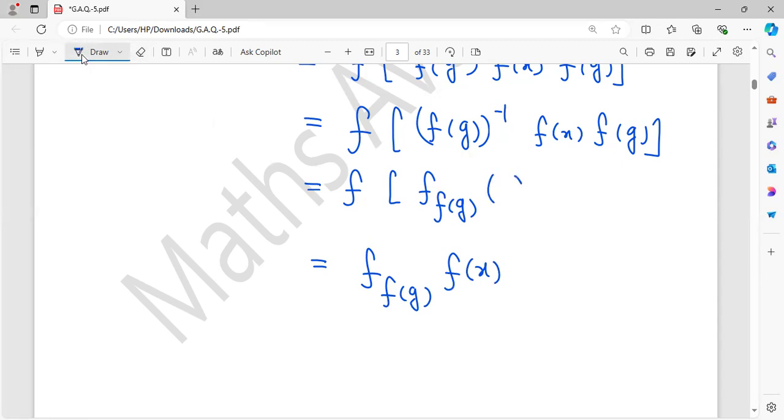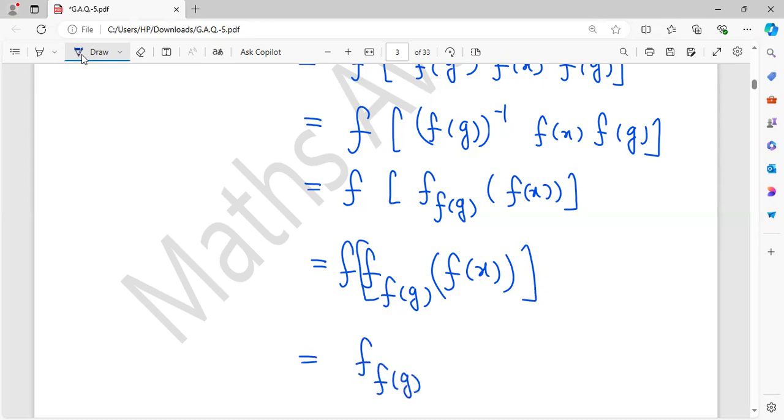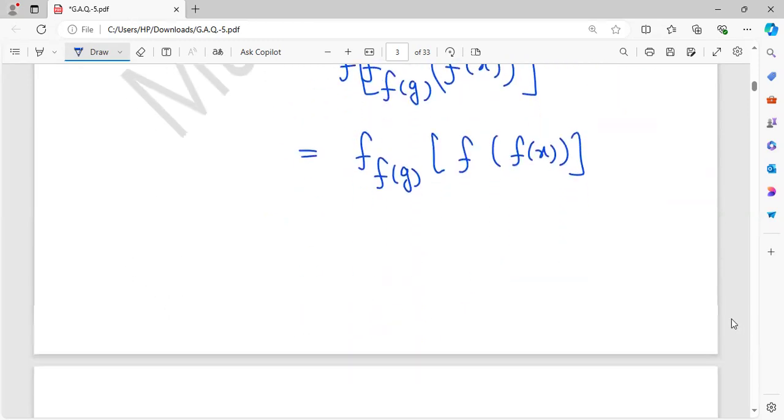Because f commutes with inner automorphism, f(g) will come out.